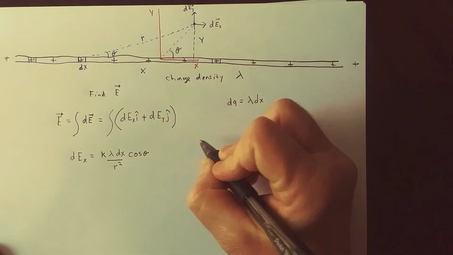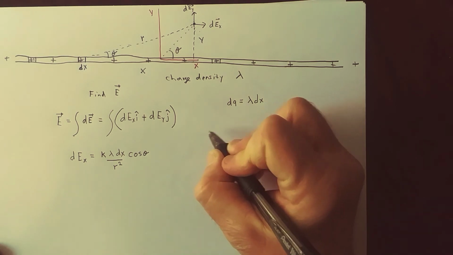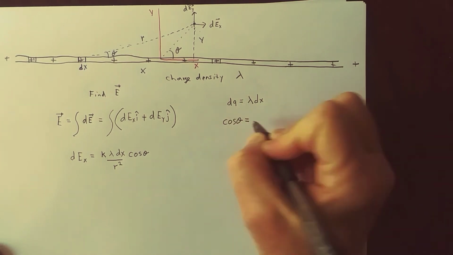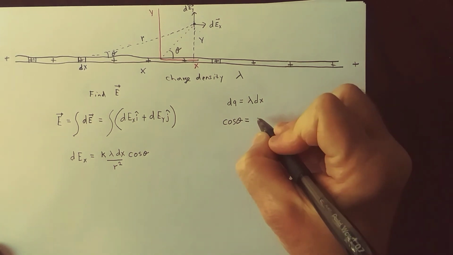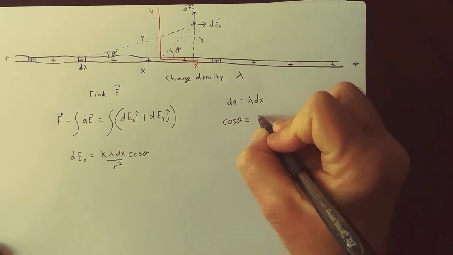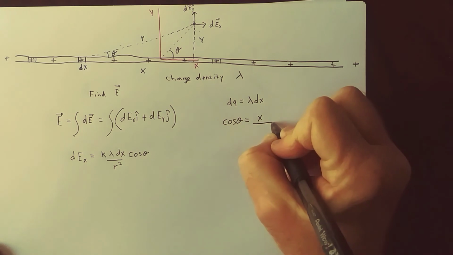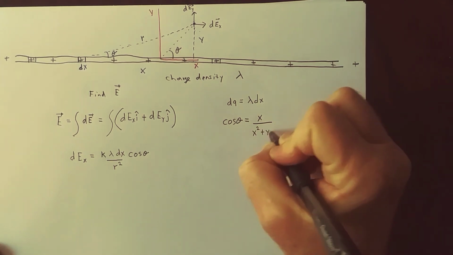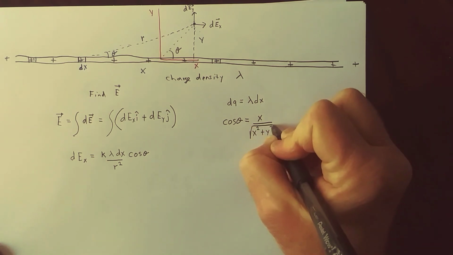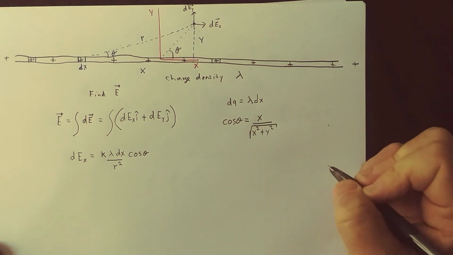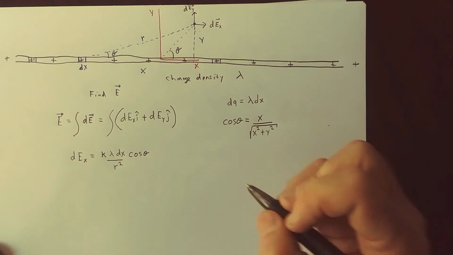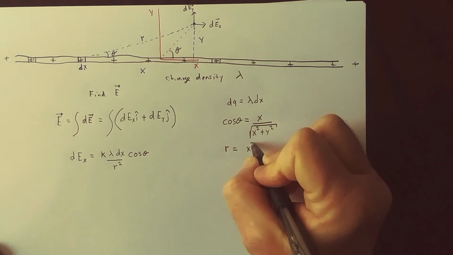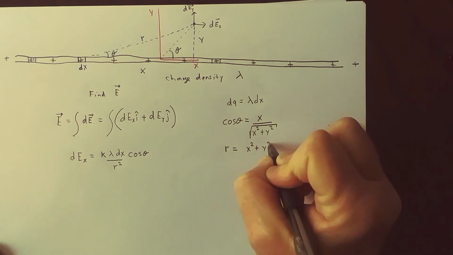And by looking at the geometry, we know that the cosine of theta, now we're going to try to write this in terms of x and y, is the adjacent over the hypotenuse, and the adjacent side is the x value over the hypotenuse, which is the square root of x squared plus y squared. So we can write cosine of theta in terms of x, and of course the distance in terms of x is simply the square root of x squared plus y squared.